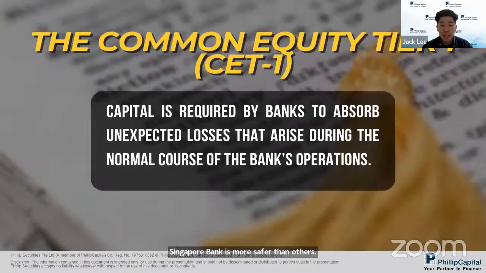Next will be the Common Equity Tier 1. So we name it CET1. This is capital that is able to absorb unexpected losses that arise during an emergency situation. So CET1 is the highest quality of regulatory capital as it absorbs loss immediately when it occurs.